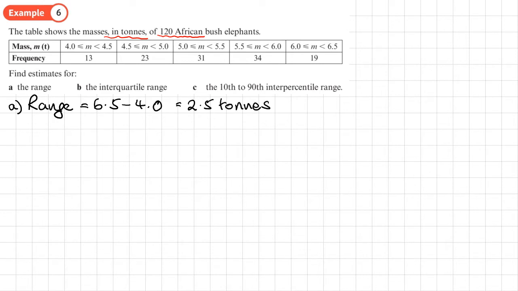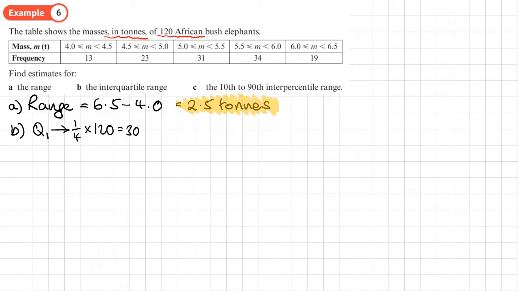Part B, we want to find an estimate for the interquartile range. Now to do that, we need to estimate Q3 and Q1. So let's start with Q1. So we want to find the position of Q1. So that will be Q1 as a fraction times the total frequency, 120.